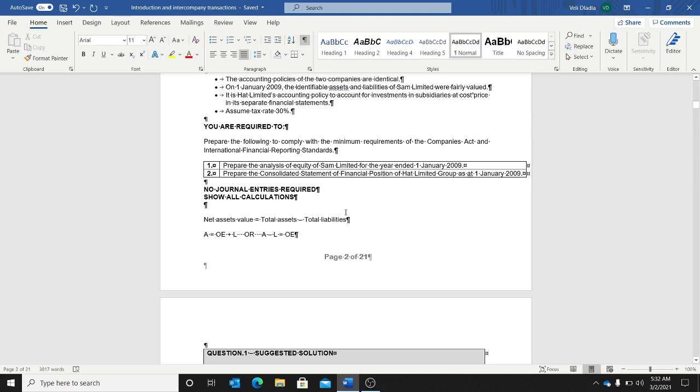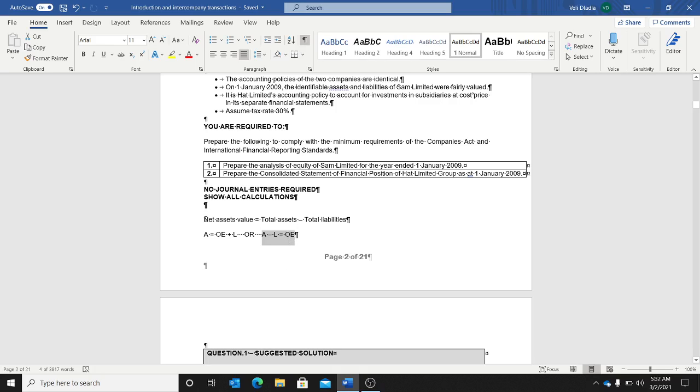So then we can agree that what we call the net asset value is the same as equity, owner's equity. Assets minus liabilities equals owner's equity, right?